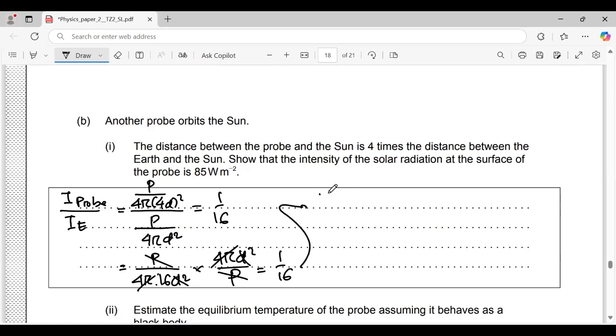So intensity of probe over intensity of Earth equals 1 over 16.